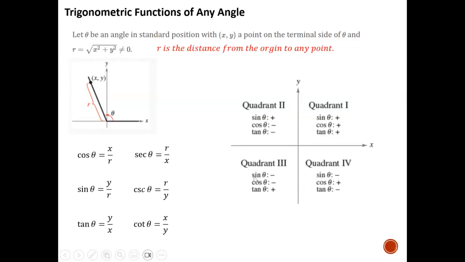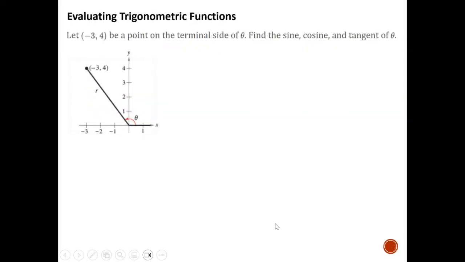In quadrant 3, the sine and the cosine are both negative because my x and my y are both negative. But my tangent is positive. Why? Because y over x, negative over negative, will give you a positive. So every time the signs are the same, both positive or both negative, the tangent will always be positive. And in quadrant 4, my sine is negative, my cosine is positive, and my tangent is negative. That's what you have to know, guys, okay?